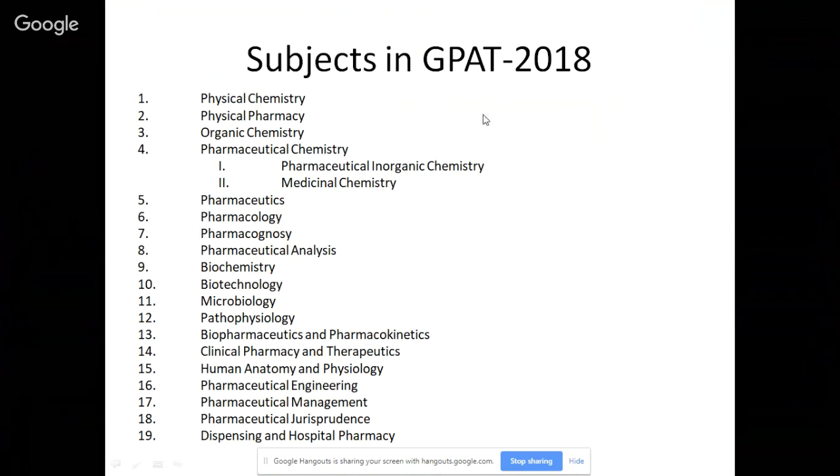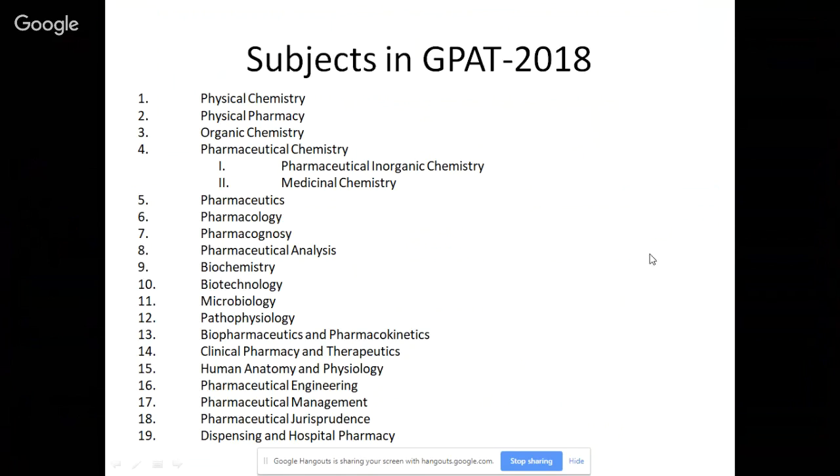As per the GPAT 2018 syllabus, the subjects are physical pharmacy, physical chemistry, organic chemistry, pharmaceutical chemistry, which includes pharmaceutical inorganic chemistry, medicinal chemistry, pharmaceutics, pharmacology, pharmacognosy, pharmaceutical analysis, biochemistry, biotechnology, microbiology, pathophysiology, biopharmaceutics and pharmacokinetics, clinical pharmacy and therapeutics, human anatomy and physiology, pharmaceutical engineering, pharmaceutical management, pharmaceutical jurisprudence, and dispensing and hospital pharmacy. So there are a total of 19 subjects.